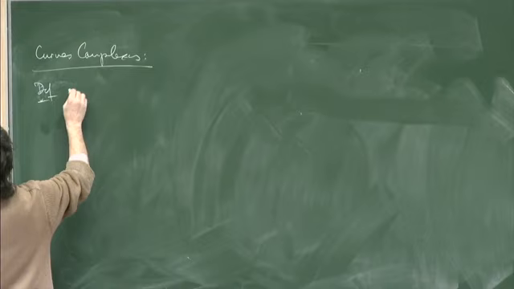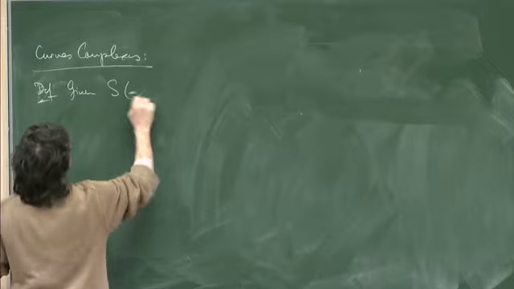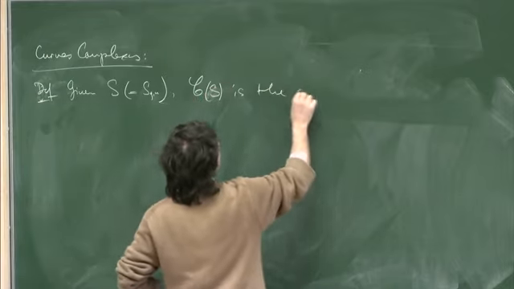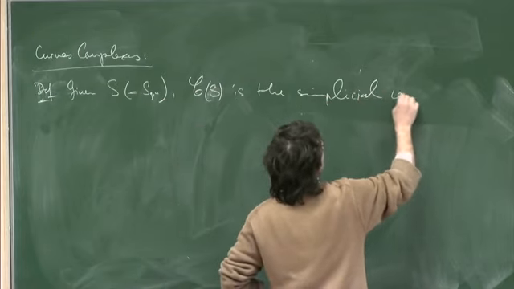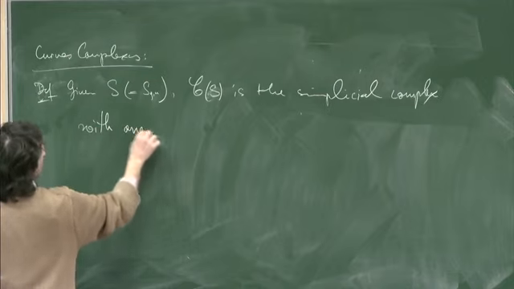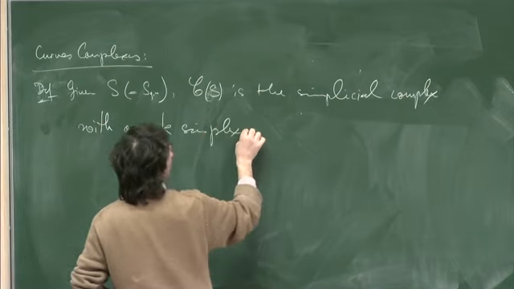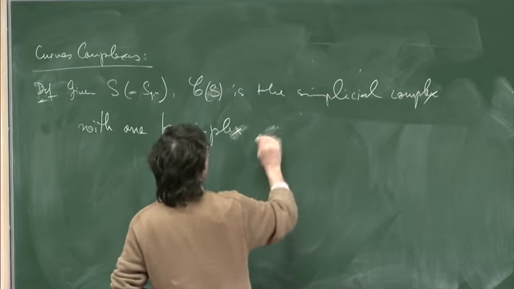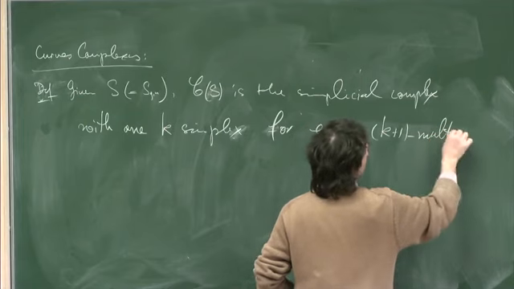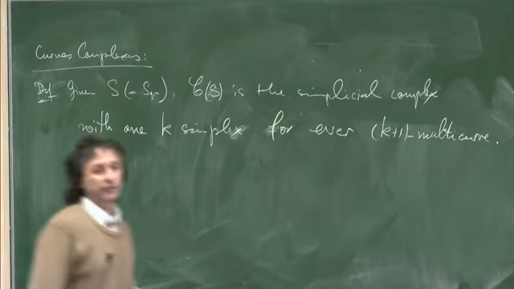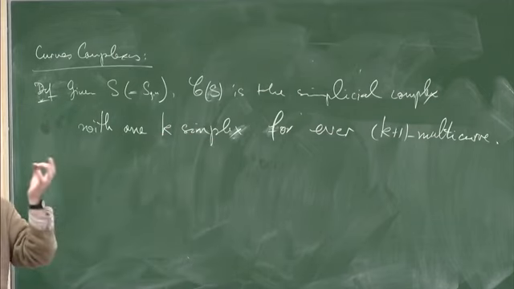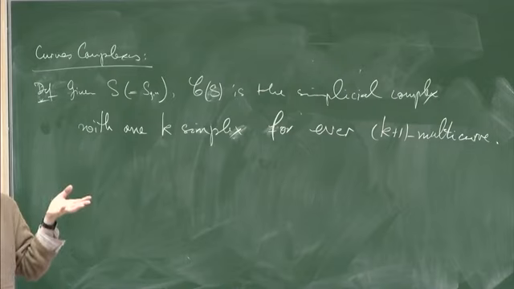The definition: given S equals S_{g,n}, C of S is the simplicial complex with one k-simplex for every (k+1)-multicurve. So a zero simplex, a vertex, is given by one loop.